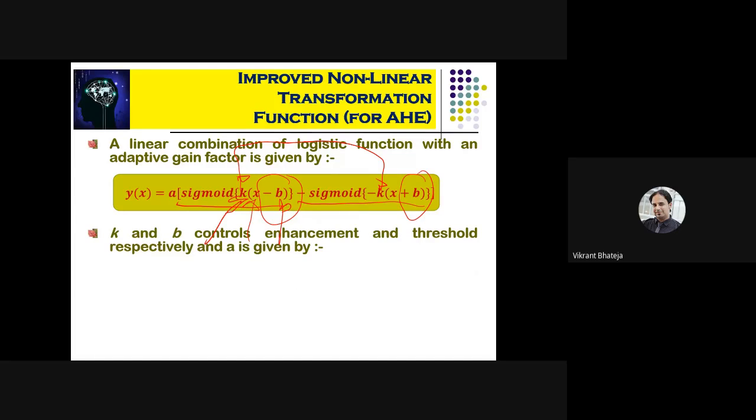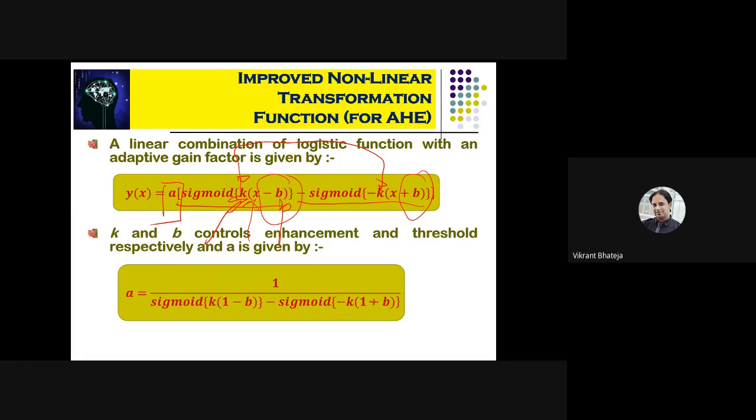There is also another component known as a. This a component is based on the values of k and b. So this is not a direct constant but an adaptive constant, because it depends upon the chosen values of k and b.